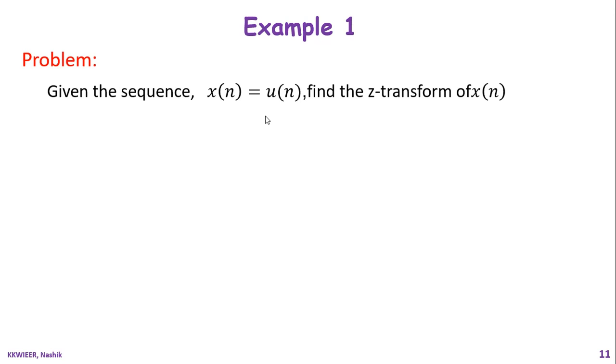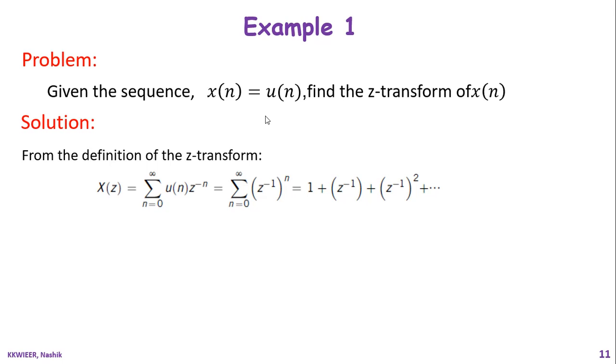Now this is one of the examples: if x of n is equal to the unit sequence, then how to calculate the Z transform? Just substitute n equal to 0, 1, 2, 3 and so on, and this series 1 plus r plus r square and so on will be given as 1 upon 1 minus r, where r is less than 1.